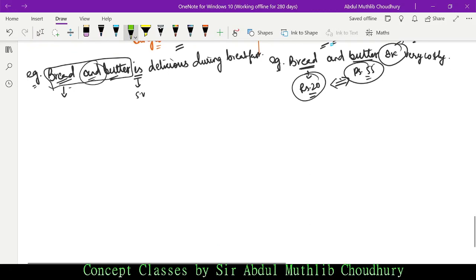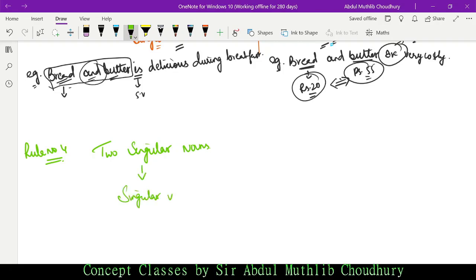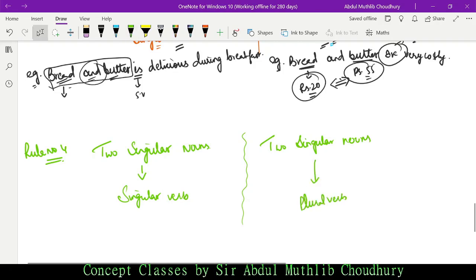This brings us to the second last rule, which is rule number 4, and it talks about two singular nouns joined by and. Two singular nouns again joined by and will be followed by a plural verb.